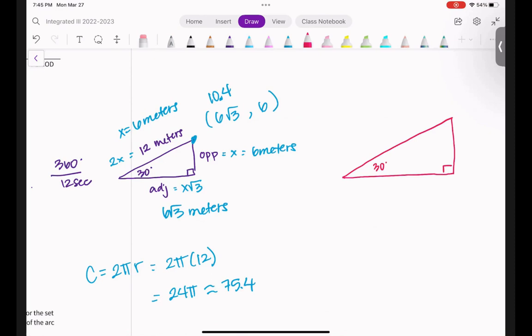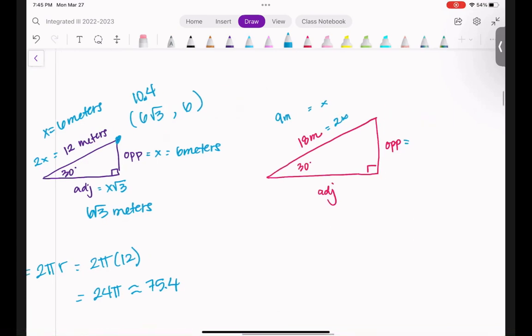The 30 degrees is still going to be the same, right? Except here we have 18 meters, and now we're looking at the opposite and the adjacent the same way. And you're like, but Miss Shelton, this is still your 30, 60, 90. Exactly. So this is going to be our 2x. So that implies that x equals 9 meters.